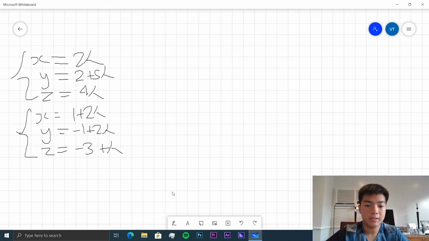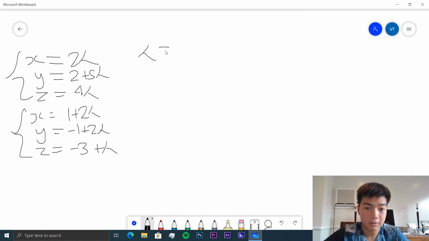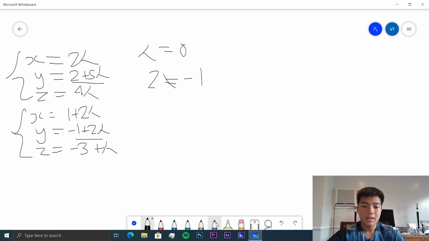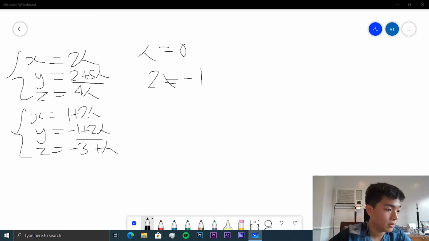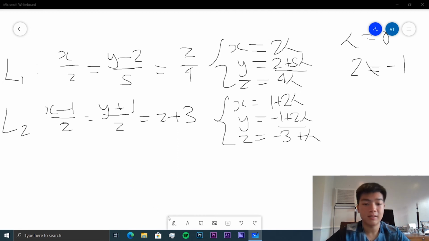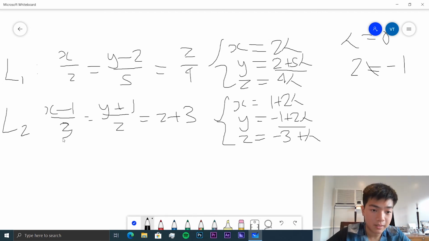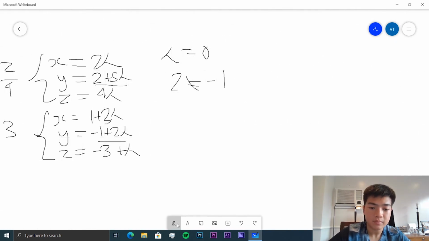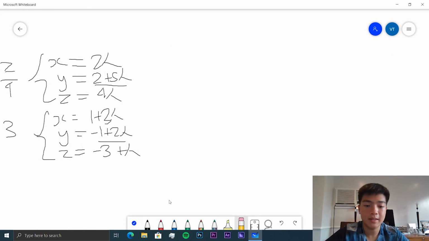If we equate these two, we get lambda equals 0, since 2 lambda equals 1 plus lambda. But since 2 does not equal 1, just looking at the y values, 2 plus 5 lambda and 1 plus 2 lambda, then these lines don't intersect either. Sorry, I've misread this. This is a 3. So this is actually 1 plus 3 lambda. Oopsies, so let's see again.